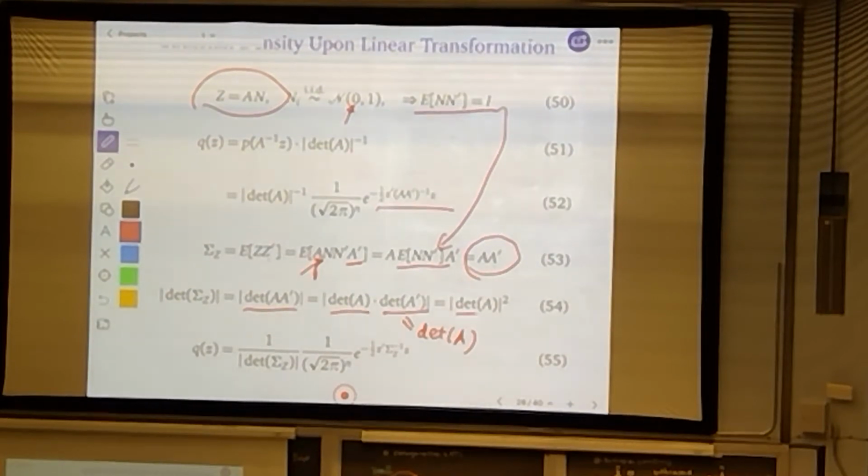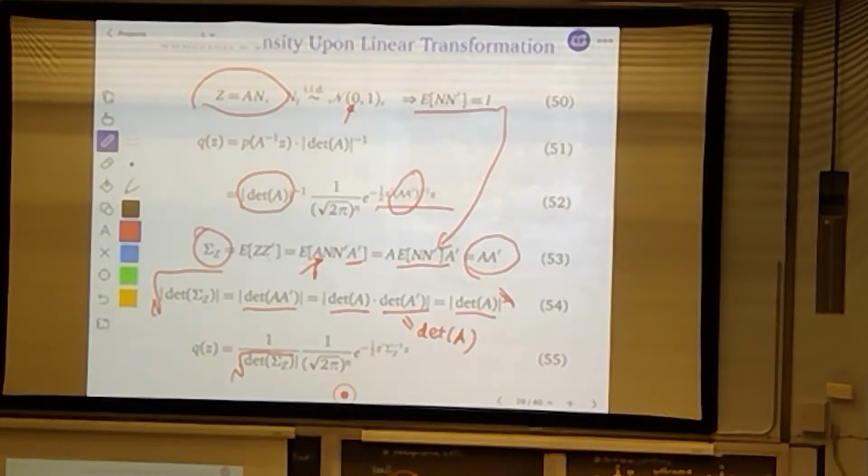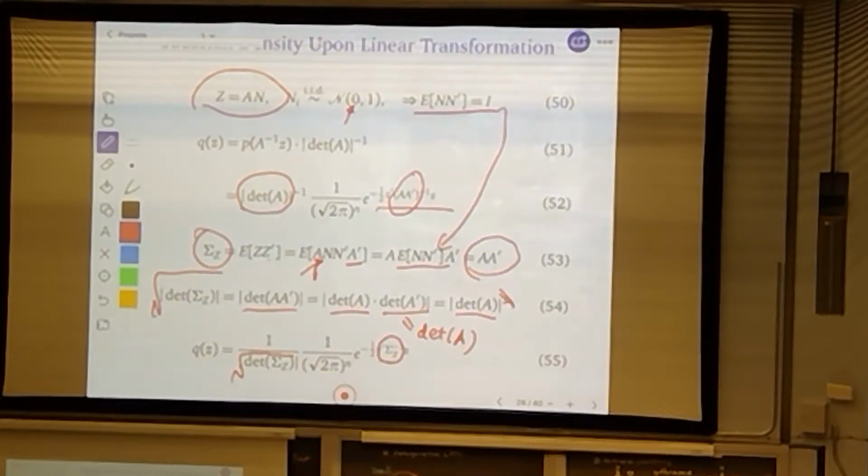So then it becomes DET A squared. Now this thing is just the square root of this guy, right? Since we're missing a square root, we're going to add it, and this AA transpose we're going to rewrite in terms of sigma Z. So that completes the proof.